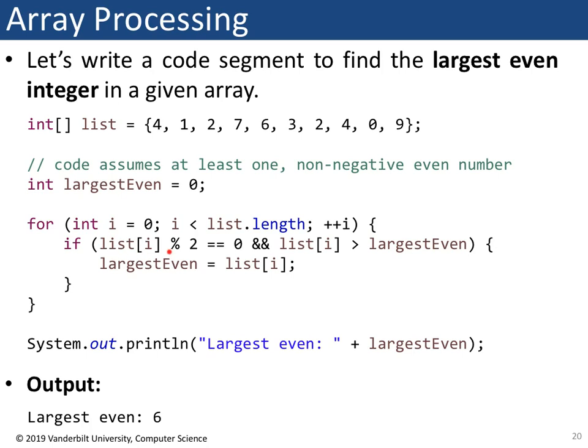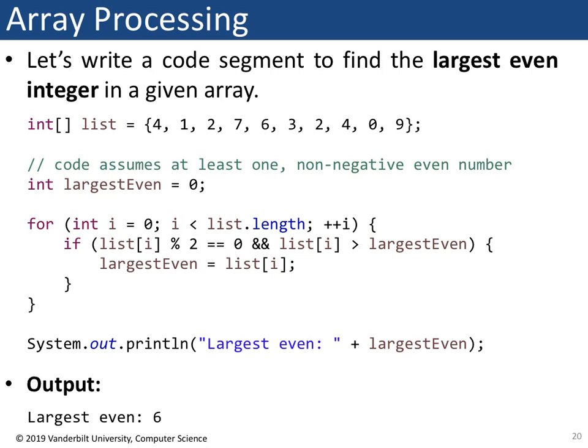So if element I is even and element I is larger than largest even, we will assign largest even the value stored in element I. We do this for each element in the array, and when we're done, we print out the largest, which is 6.